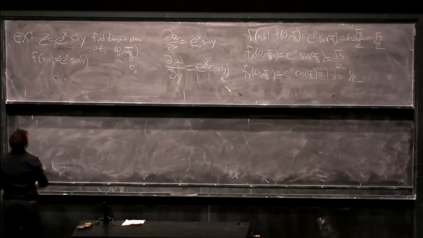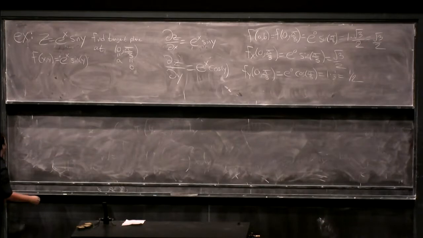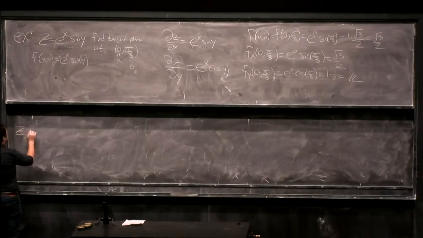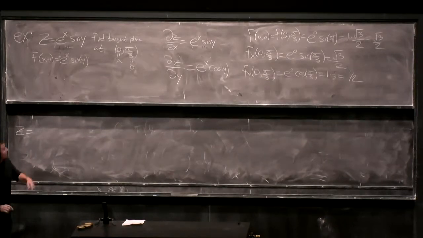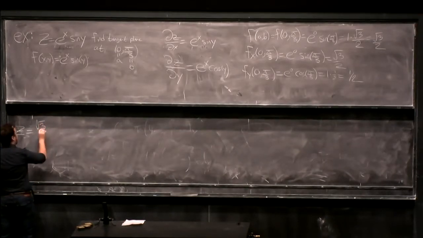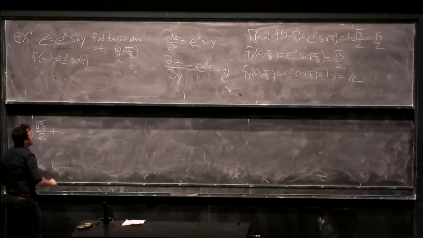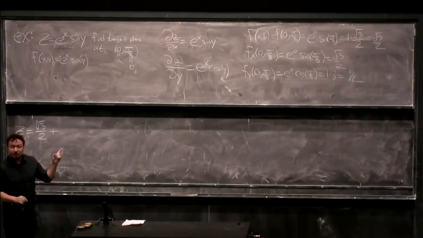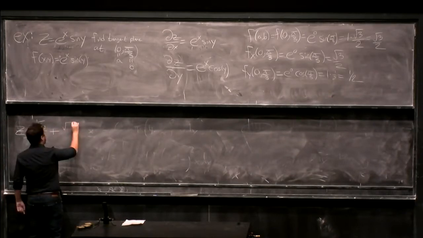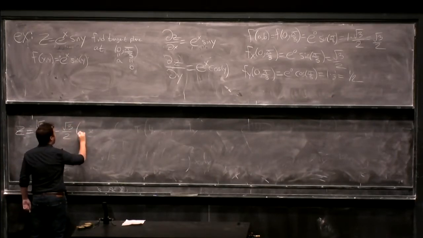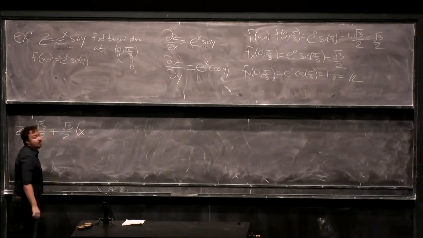So we can use our formula, which I guess I just covered up, but it is z is going to be f of a b. So that's going to be root 3 over 2. And then we have plus the x partial derivative, which looks like it's also root 3 over 2, but then that's times x minus our a value.